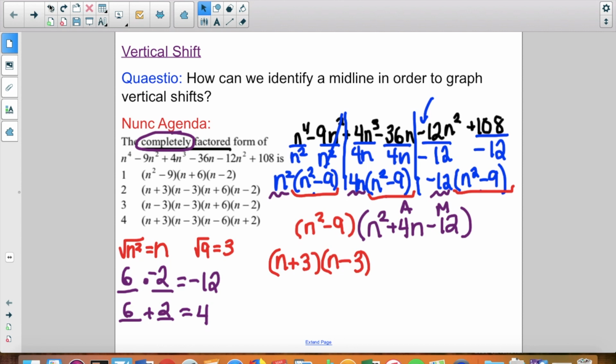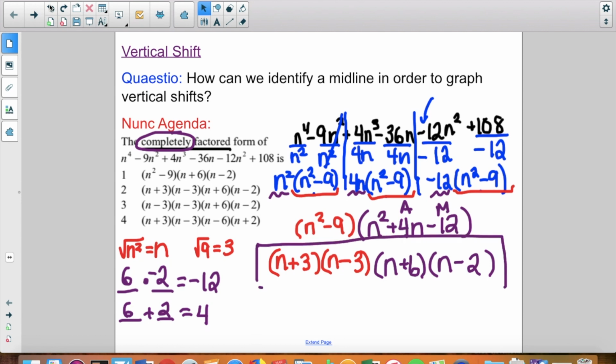So to write our answer, we have 2 sets of parentheses. We have our variable in the front, and then we just put our 2 numbers there. Our first was a positive 6, so we get a plus 6. The second was a negative 2, so it's a negative 2. And this right here is our completely factored answer. So the answer choice that has that is answer choice 2.